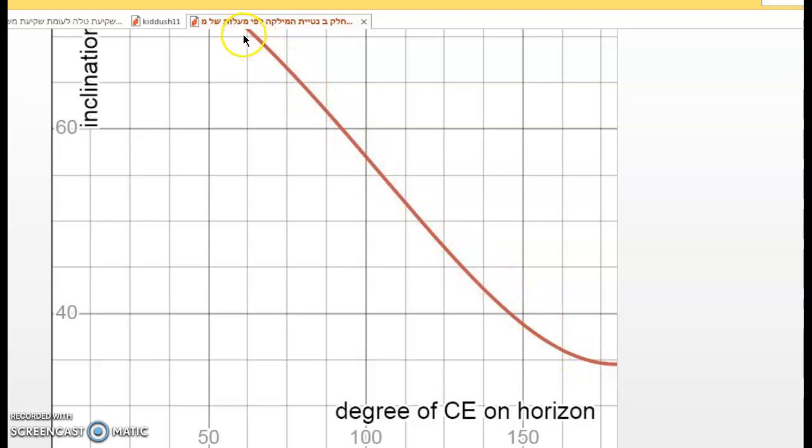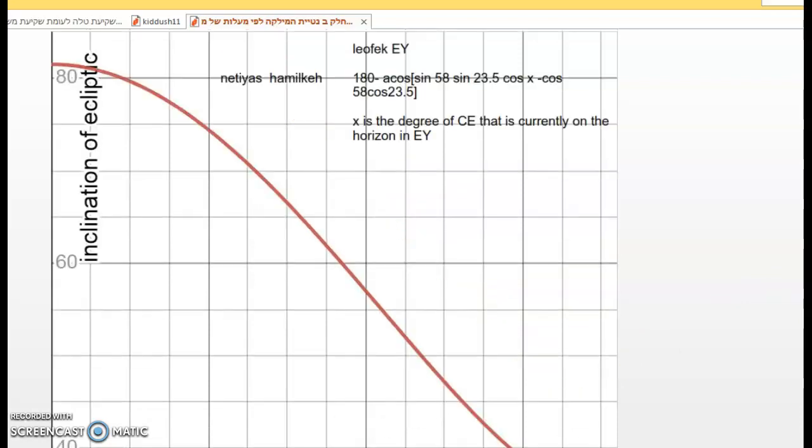As you see, it varies from 80 to 30, 35, something like that. Each one is 5 degrees, so it's less than 34. This, I think we can conclude.